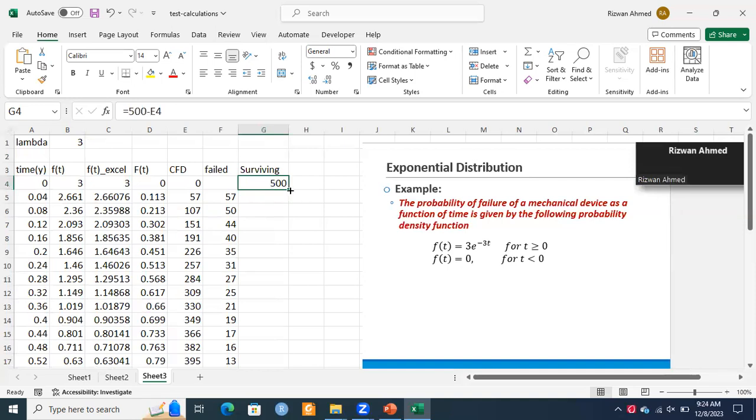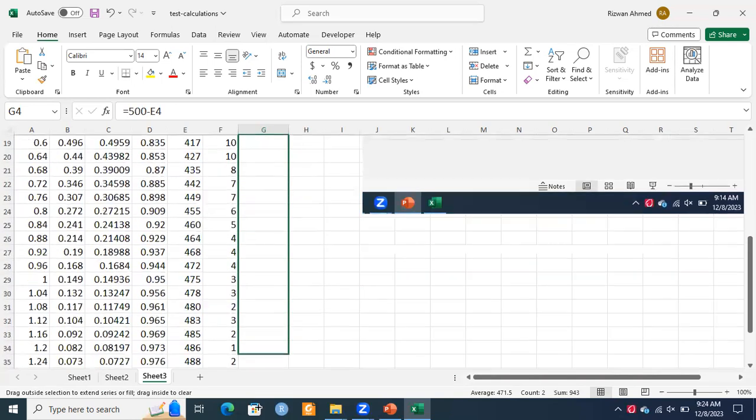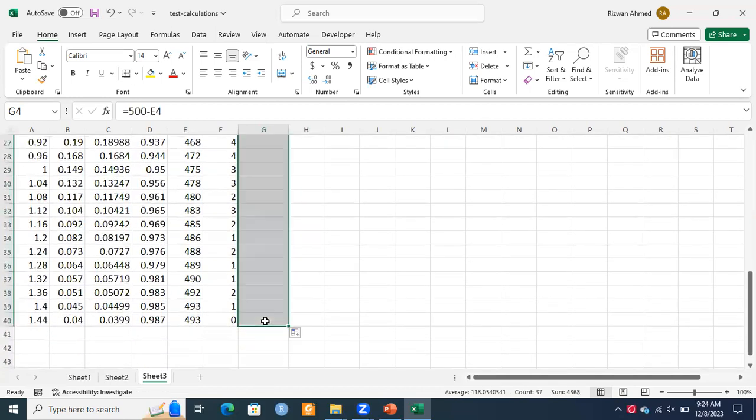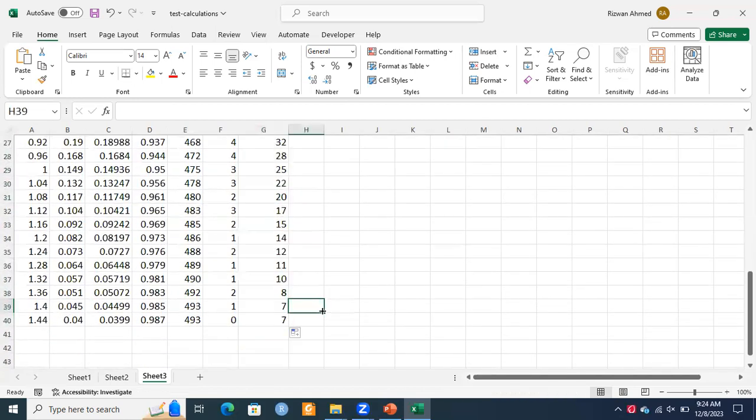In the first interval, 57 were lost. In the next one, 50 more were lost, and it went on. And finally, you will have a very, very small number. So 493 failed and 7 survived. So it's a fair number.